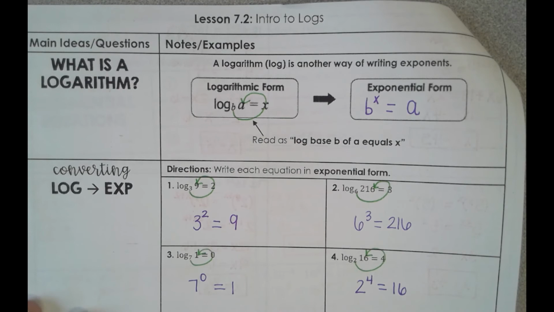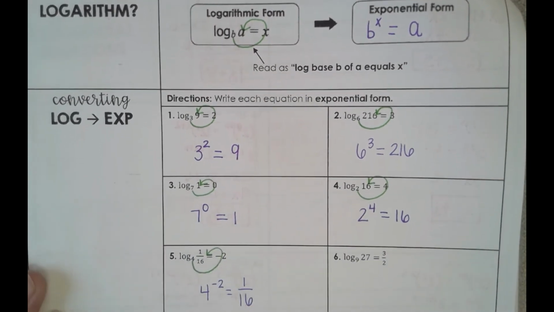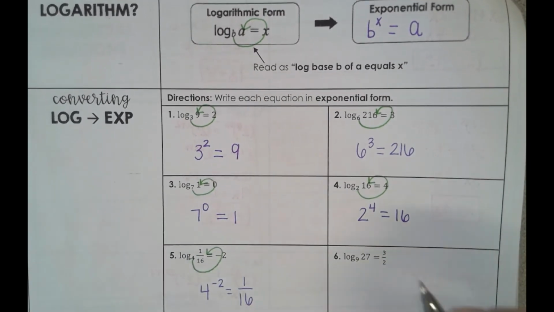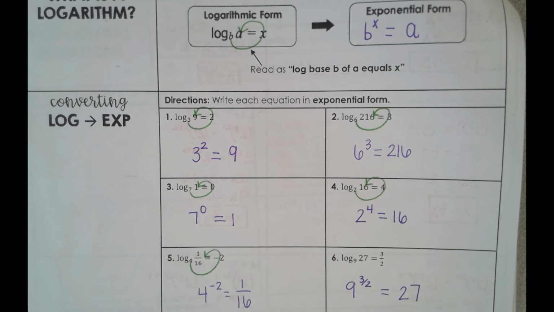Then write down what you think number 6 is. It's 9 to the 3/2 power equals 27.